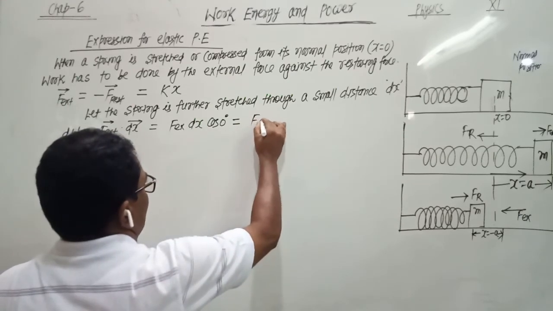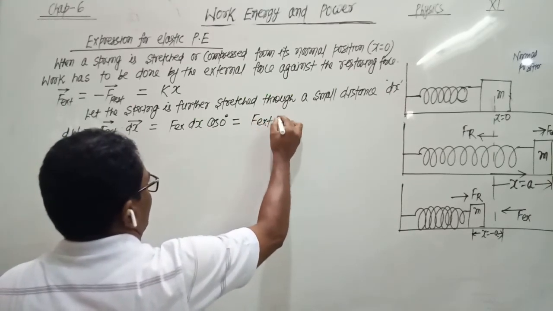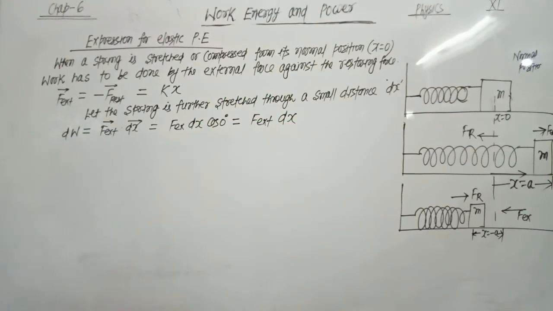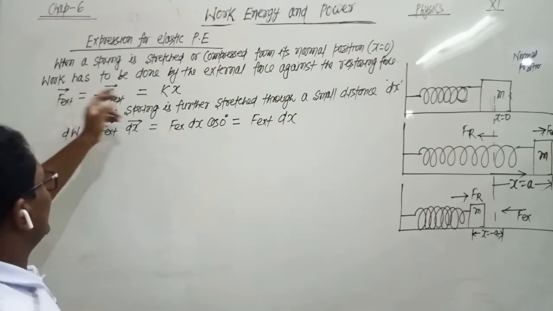So F external into dx. The small amount of work done dW is equal to F external into dx cos 0, and dW equals F external.